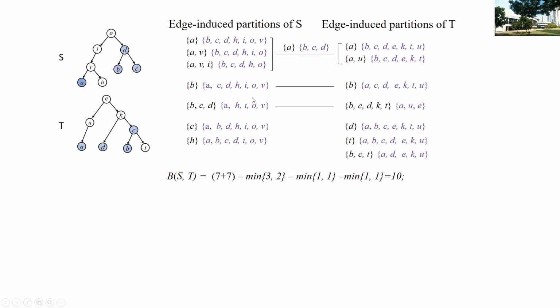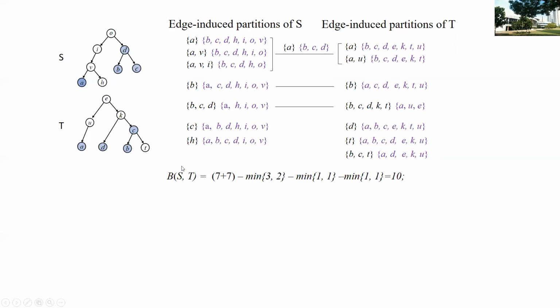It's also easy to see that this partition on S and this partition on T are similar to the same partition on the common label set. This one and this one are also similar to a common partition.